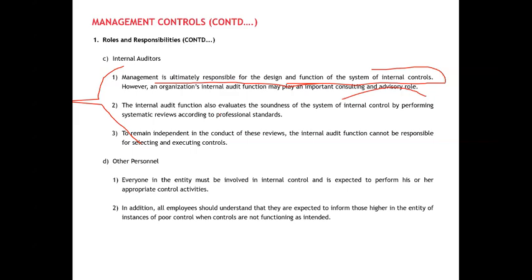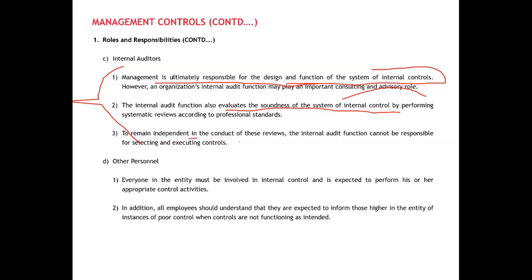The internal auditor evaluates the system of internal controls. We help to improve the effectiveness of internal controls. So we evaluate, we recommend, we help, we assist, but we don't do. We don't draft, we don't decide, we don't implement.